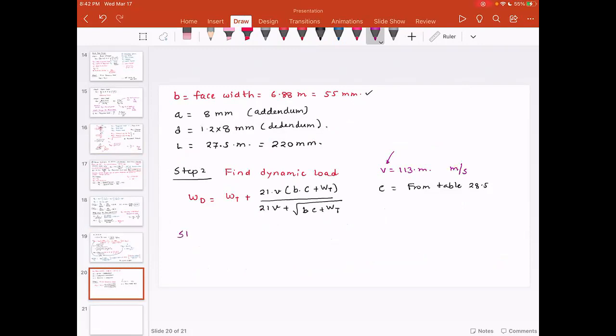Next, step 3, is to find the static load. The equation for static load is given to you.